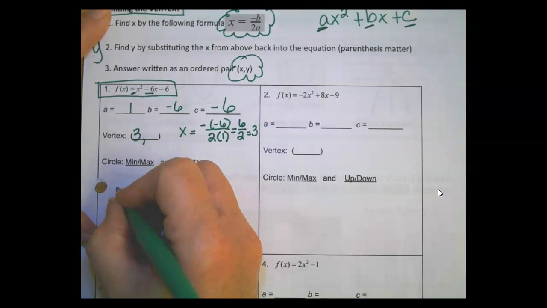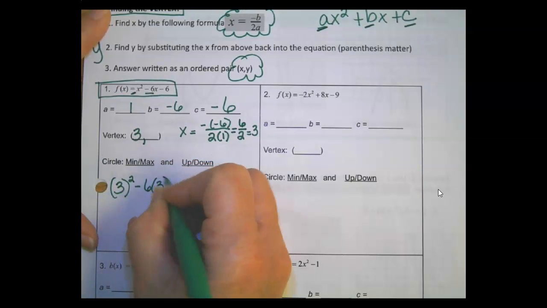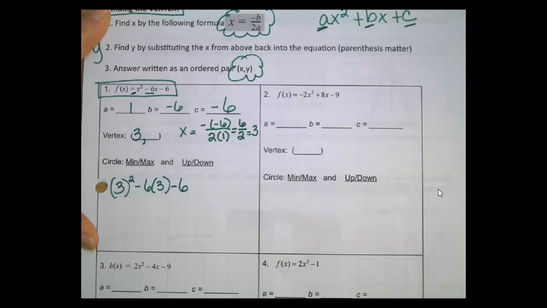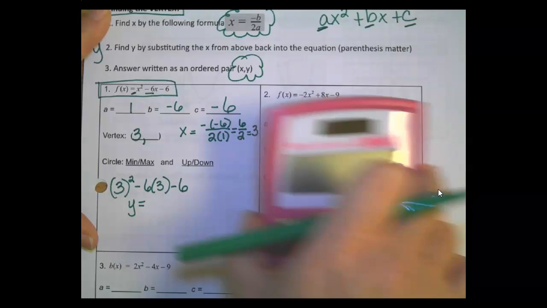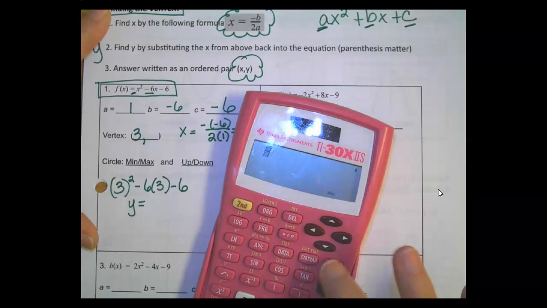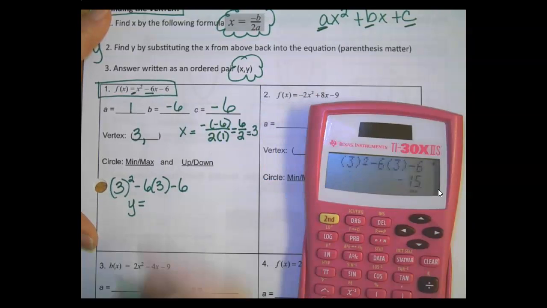So I'm going to say 3 in parentheses squared minus 6 times 3 minus 6. And that will give me my Y. Use your calculators. Parentheses 3 squared minus 6 times 3 minus 6. And that gives me a -15.